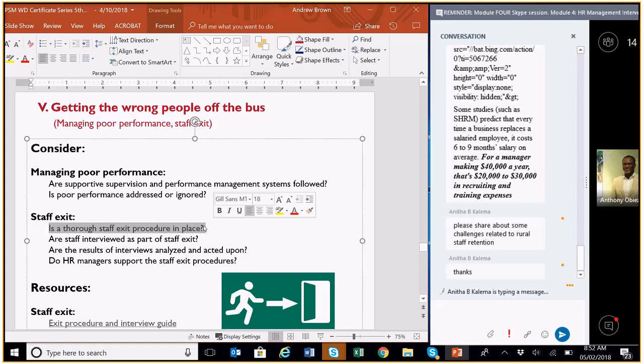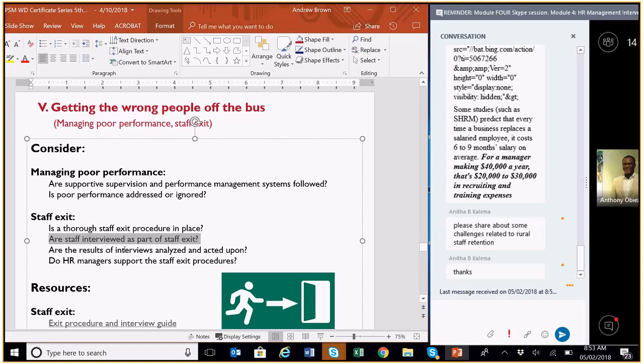But one of the interesting things we overlook is exiting staff are a wealth of knowledge about your organisation. And as they leave an organisation, it is very important to interview those staff in order to understand why they're leaving the organisation, what they enjoyed about being in your organisation, what they didn't enjoy, and what points for improvement. And you'll note in the staff exit procedure that I have noted here and provided you, it provides you with a suggested interview guide.